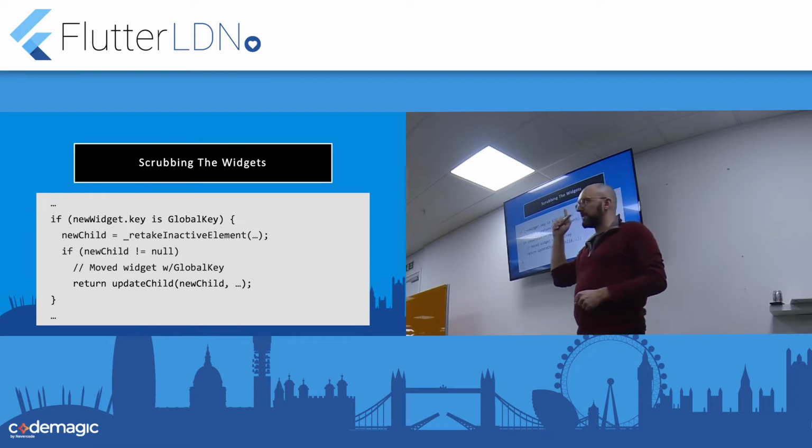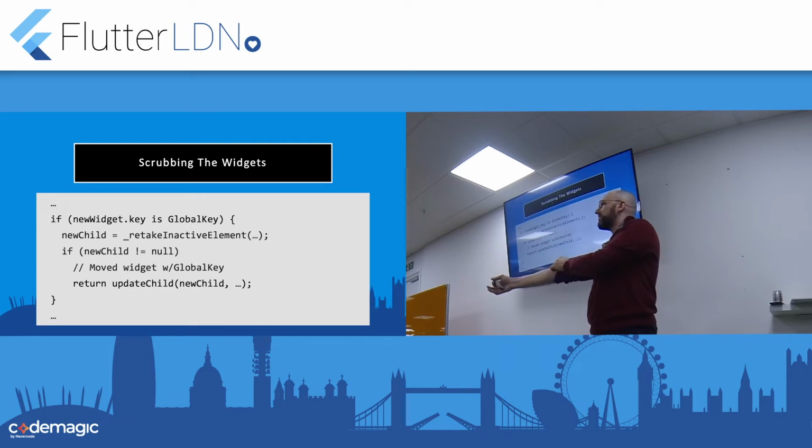The third case is that there is a global key. So global key is this nice hatch of replacing the whole structures of our application. And it could be used if we have, for example, screens that get moved in our application, but they are maybe quite heavy.